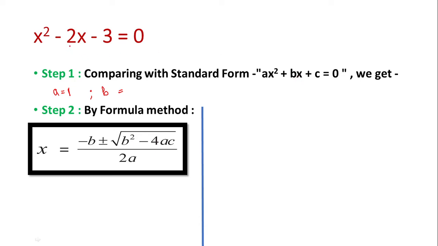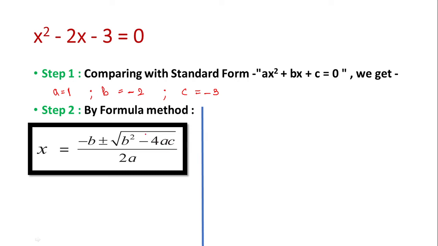Here it is minus 2. Remember children, you have to pick the values along with their signs. So here it will be minus 2. Then we are supposed to find the value of c. C is the constant, and here the value of c is minus 3.